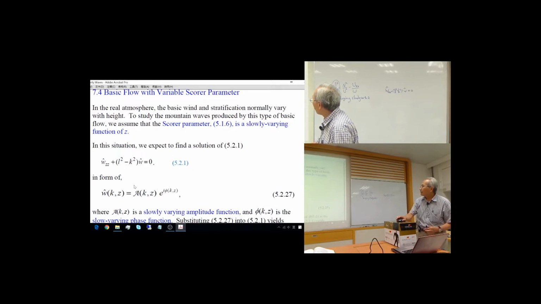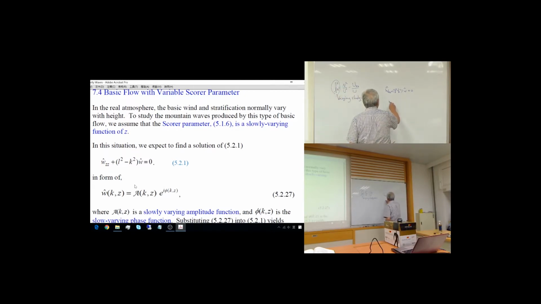Remember, before, we had the solution W equals A e to the I square root of L square minus K square times G, plus B e to the minus I square root, for K square less than L square, and W hat equals C e to the plus square root of K square minus L square times G, plus D e to the negative square root of K square minus L square times G, for K square greater than L square.